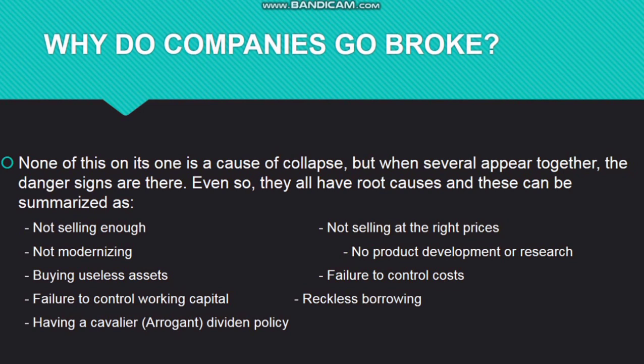None of this on its own is a cause of collapse, but when several appear together, the danger signs are there. Even so, they all have root causes, and these can be summarized as not selling enough, not modernizing, buying useless assets, failure to control working capital, having a cavalier or arrogant dividend policy, not selling at the right prices, no product development or research, failure to control loss, and reckless borrowing.